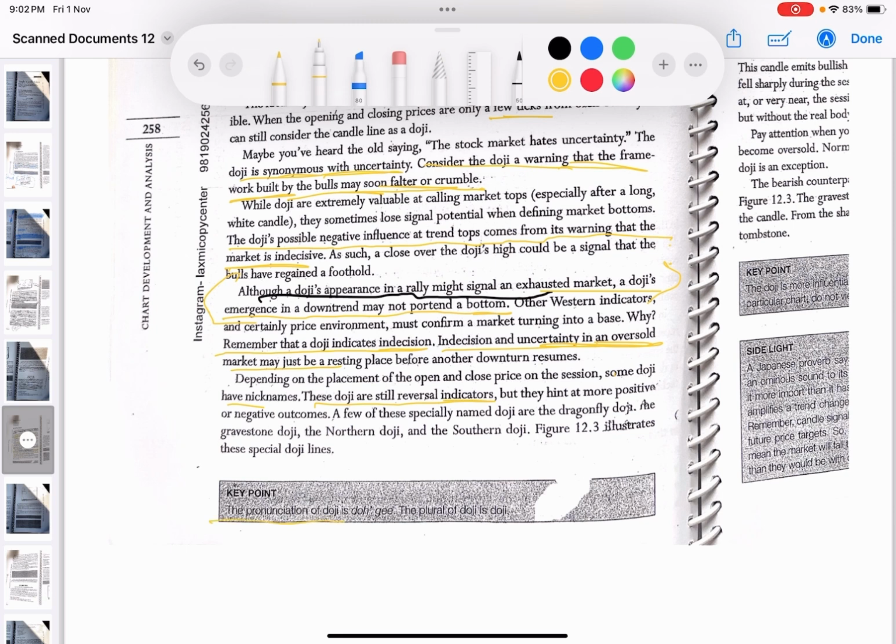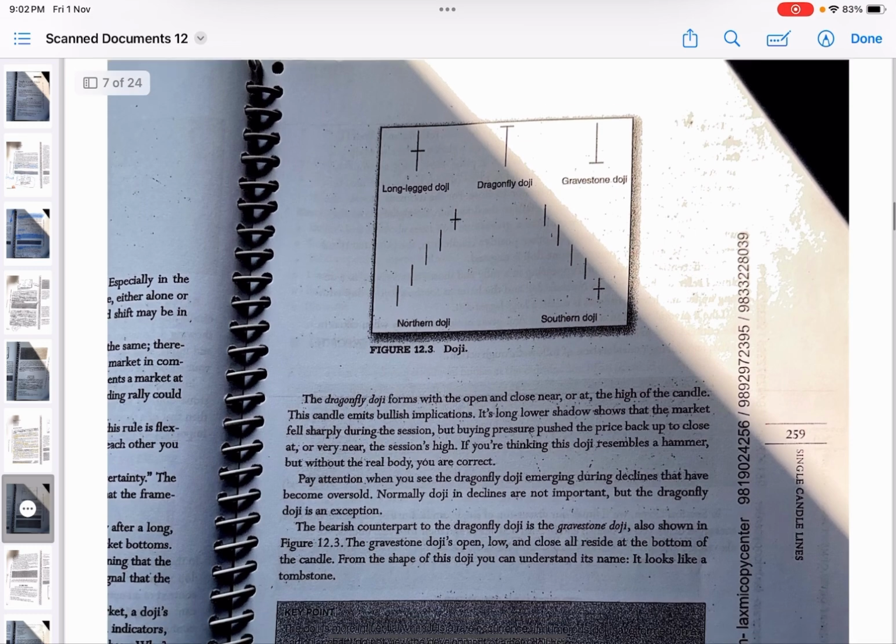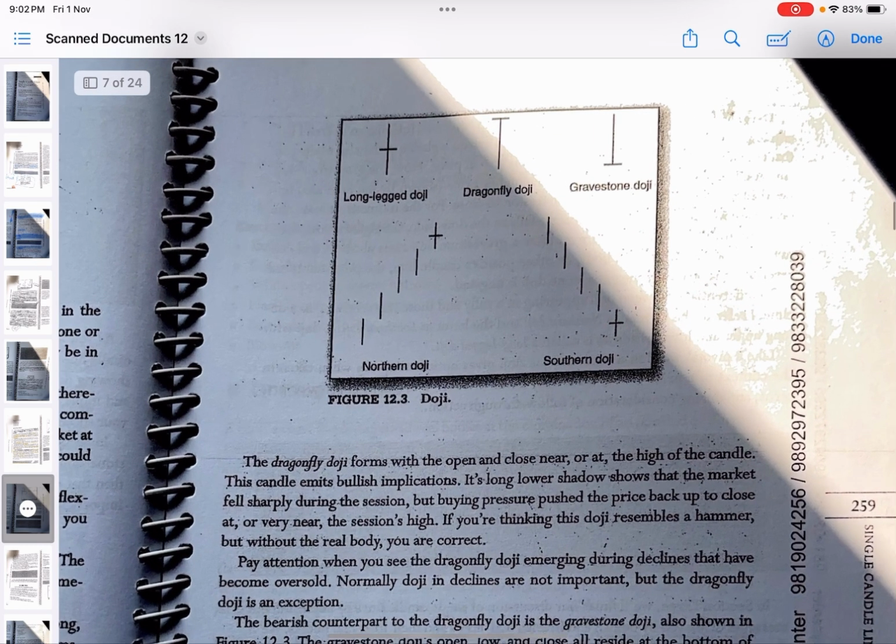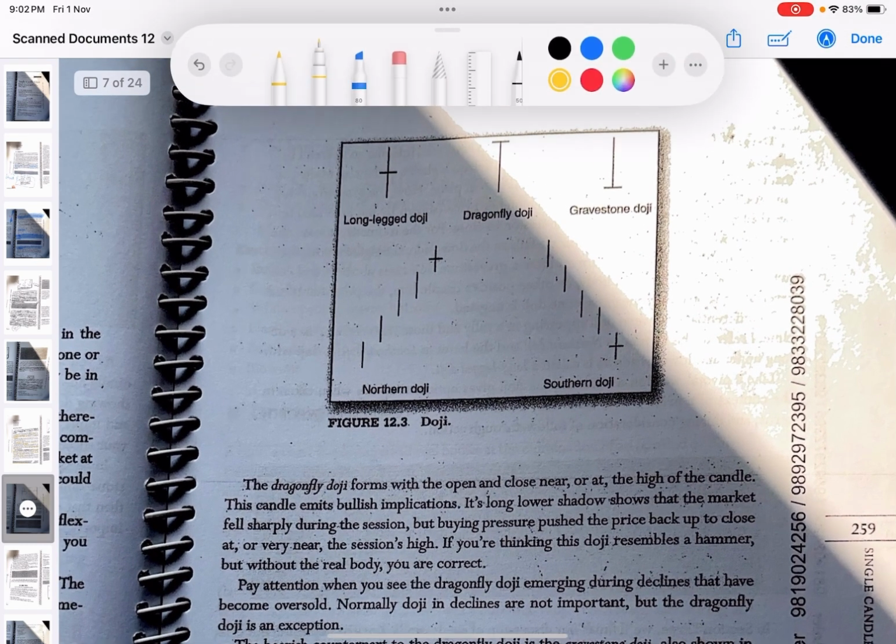The pronunciation of doji is doji, and the plural of doji is doji. So this is how the various types of doji look. Long-legged doji basically has two very long legs. Dragonfly is similar to a hammer, right?